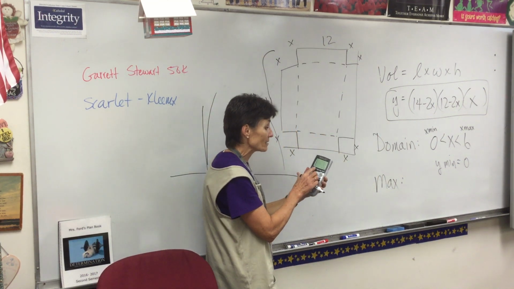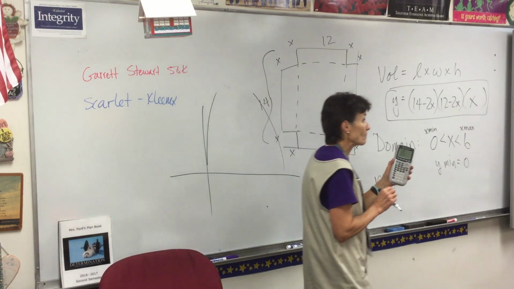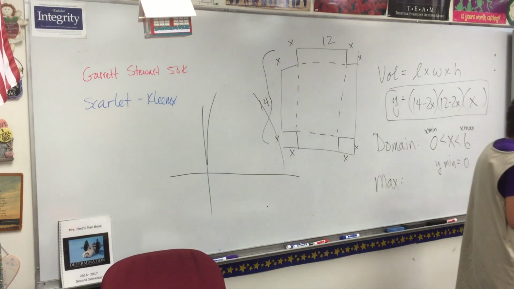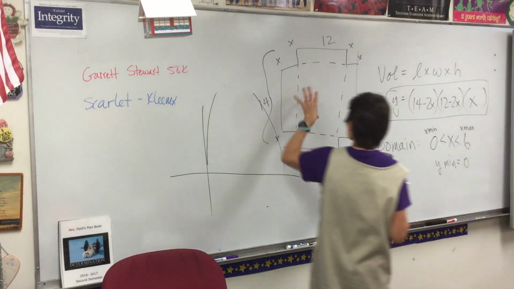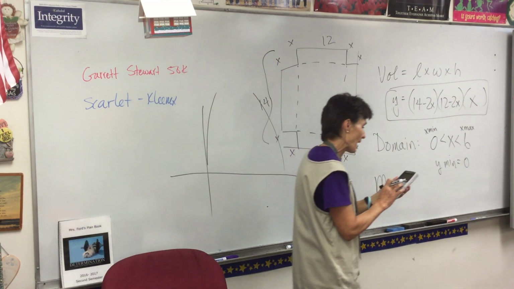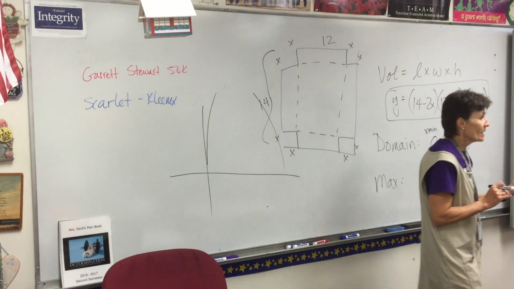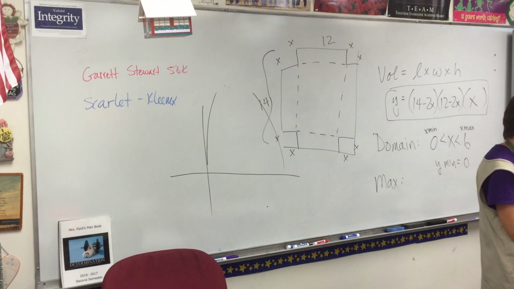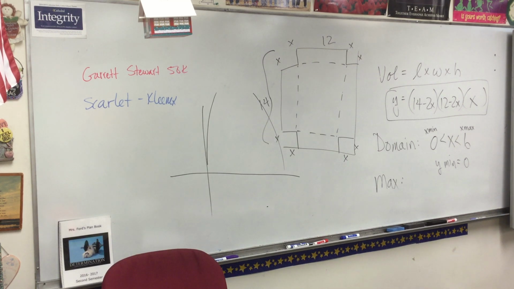So I'm going to go back to my window, and I'm going to pick a higher number than 100, because I'm not seeing enough here. Do you see what I'm saying? So I'm going to go down to Y max, and I'm going to try 400. Now, that is a flat out guess. You might try 500 and you might try 300 and somebody else will try 700. I don't care.